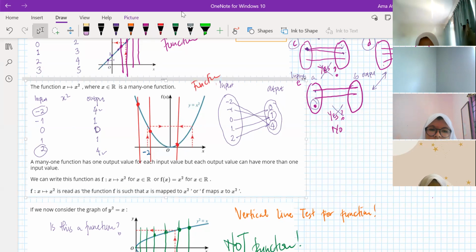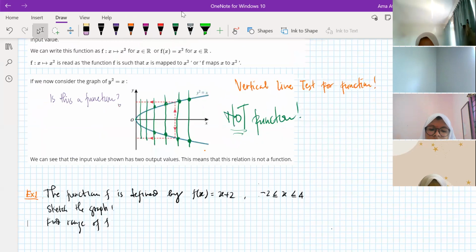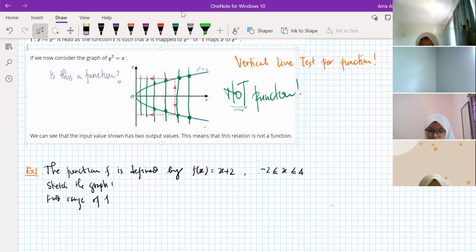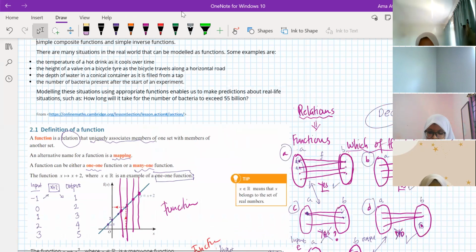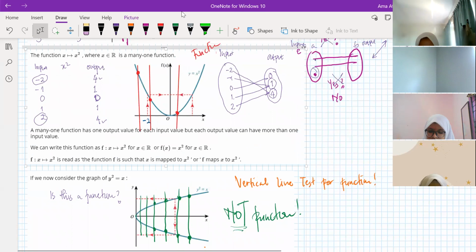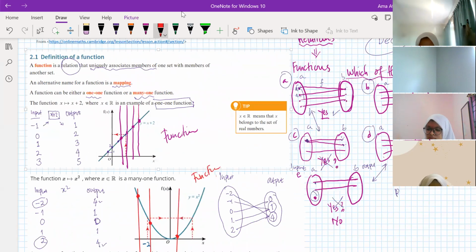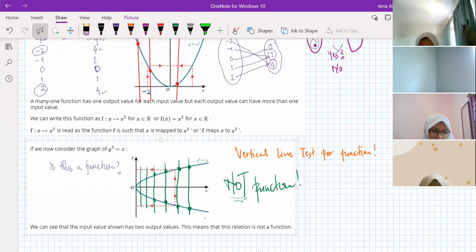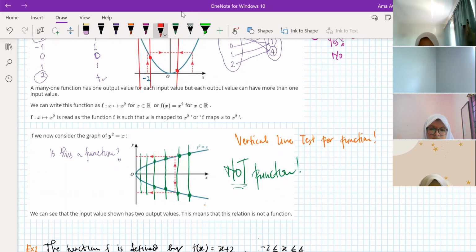Okay, so like that. Now let's continue to the domain and range. The domain is the input. So let me write here, domain. The domain of the function is the inputs, or the legal value of x.